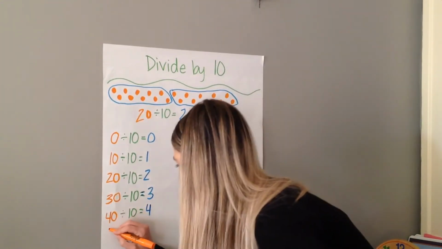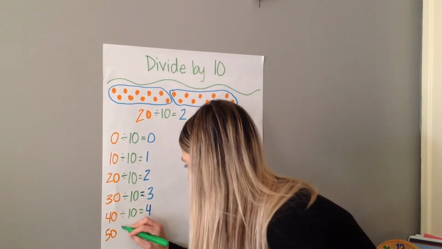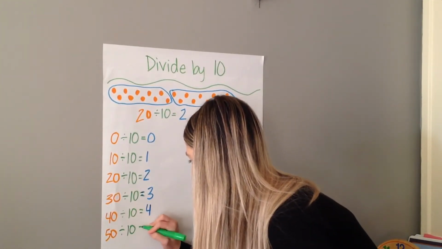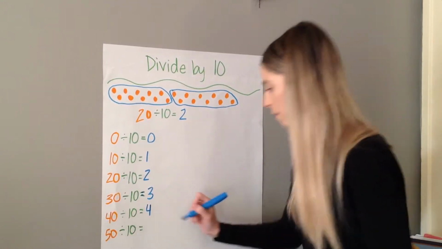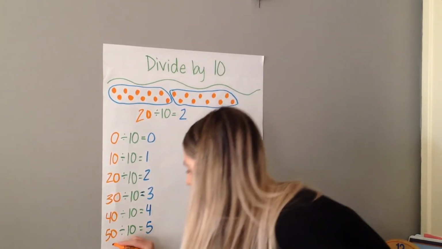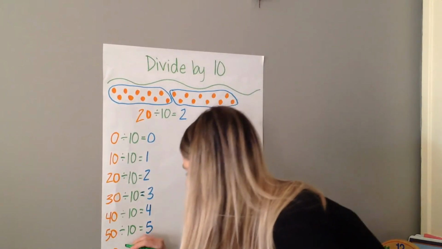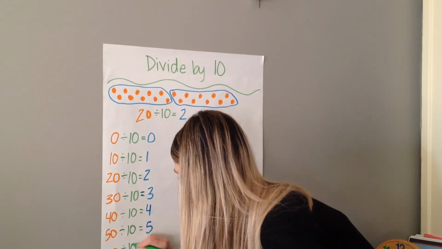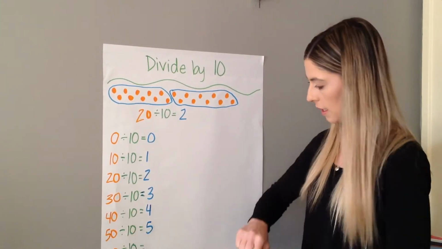And 50 divided by 10 equals, take the 0 off, we have a 5. And let's do 60. If you notice a pattern here, 60 divided by 10, we take the 0 off, we have a 6 left over.